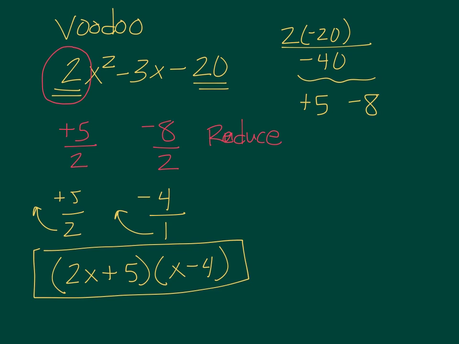So just to give you one more example of a polynomial, let's start with 6x squared minus 11x minus 10. And let's go ahead and do the voodoo method since that's the one that seems a little strange to people.